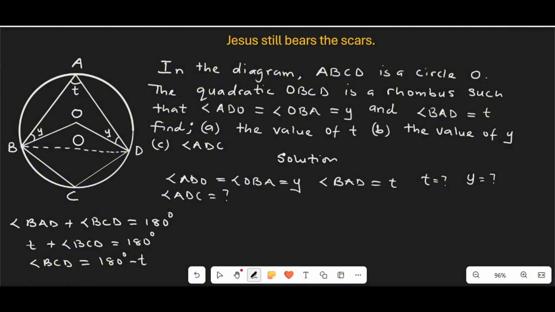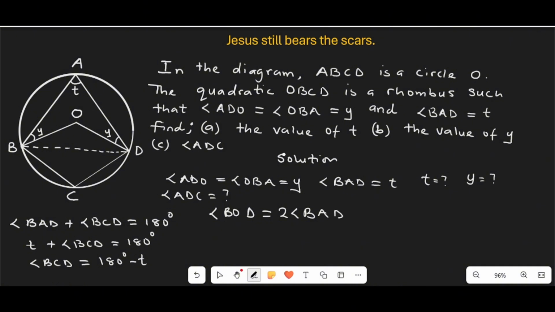According to the angle at the center theorem, which says that the angle at the center is twice the angle at the circumference, our angle BOD is equal to 2 multiplied by angle BAD.